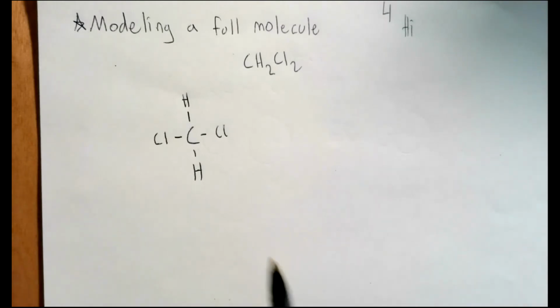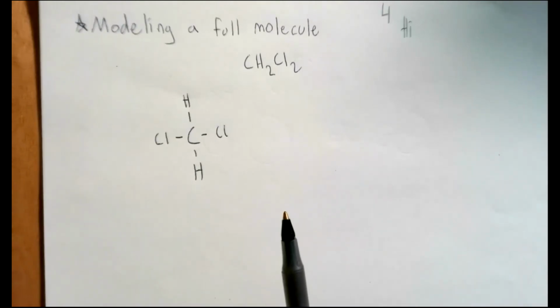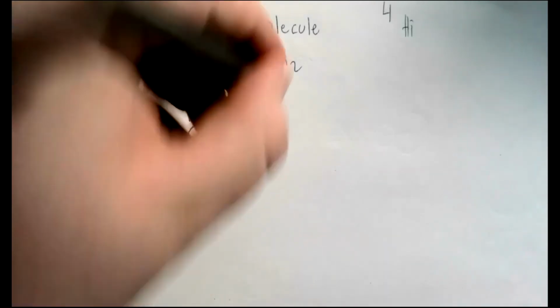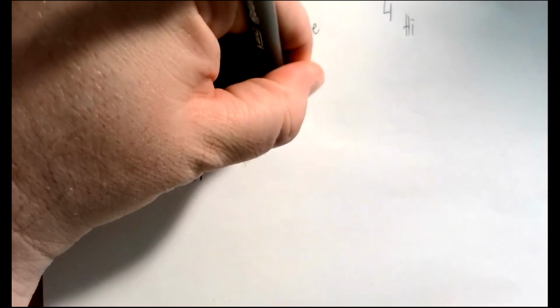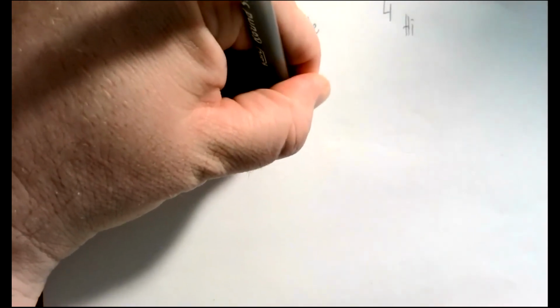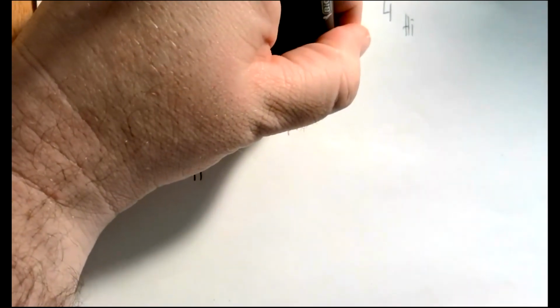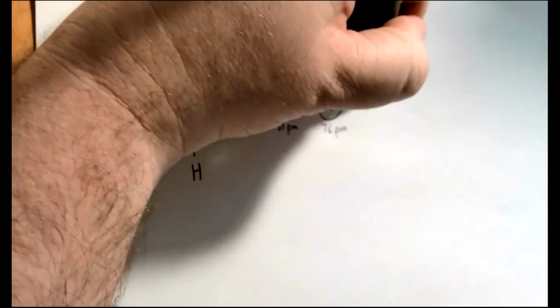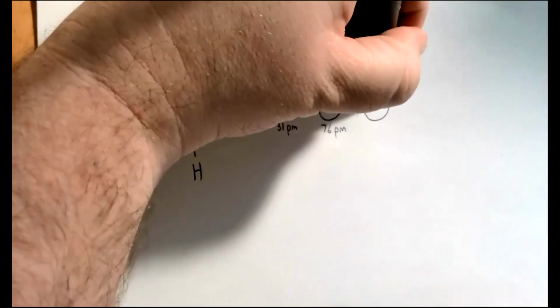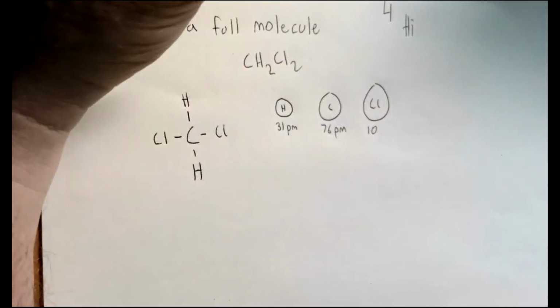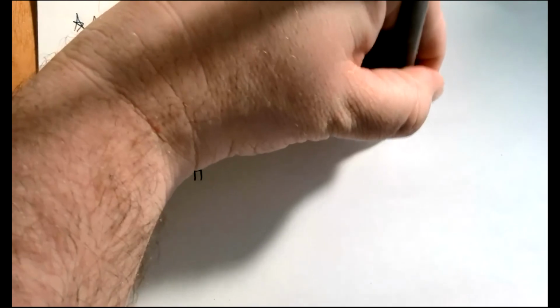I've already drawn an H and a Cl, but I haven't drawn a C yet, so let's check this out. So we've got our H, which is 31 picometers. We've got our C, which is 76 picometers. And we've got our Cl, which is 102 picometers.